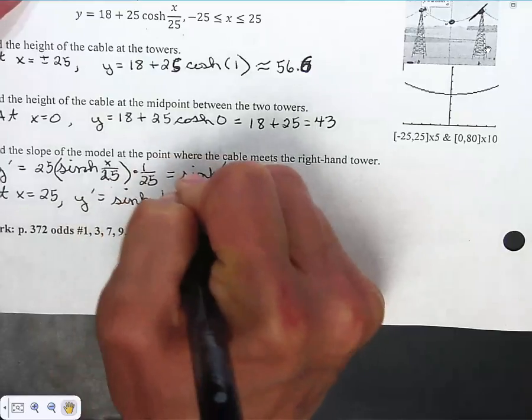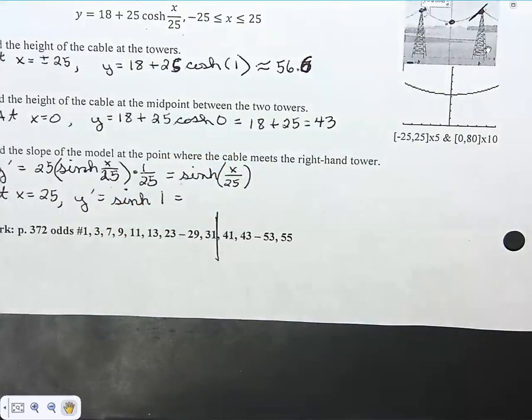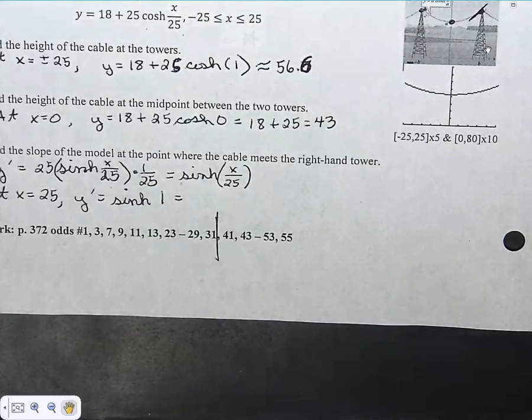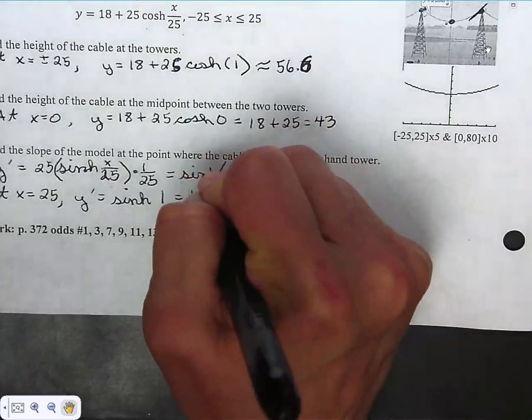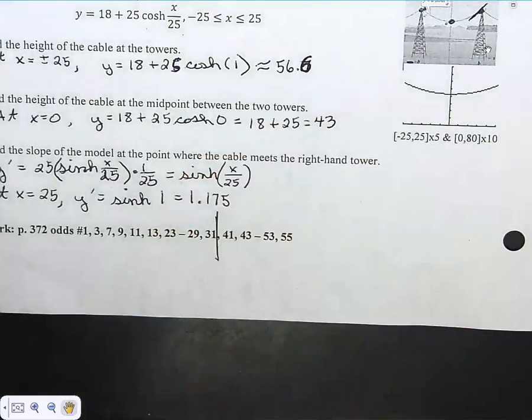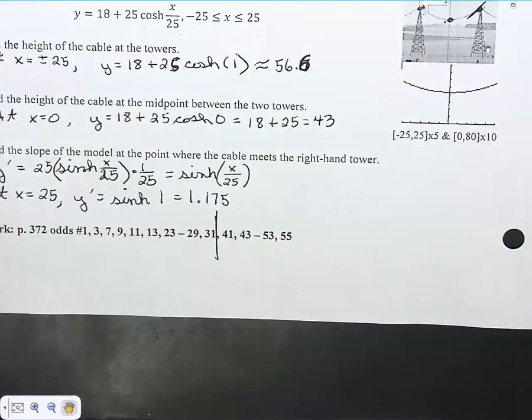Which is what? I don't know. I have to find it on the calculator. Yeah, I cranked that up on the calculator and just double checking, yes, I got 1.175 somethings. We don't know what the somethings are.